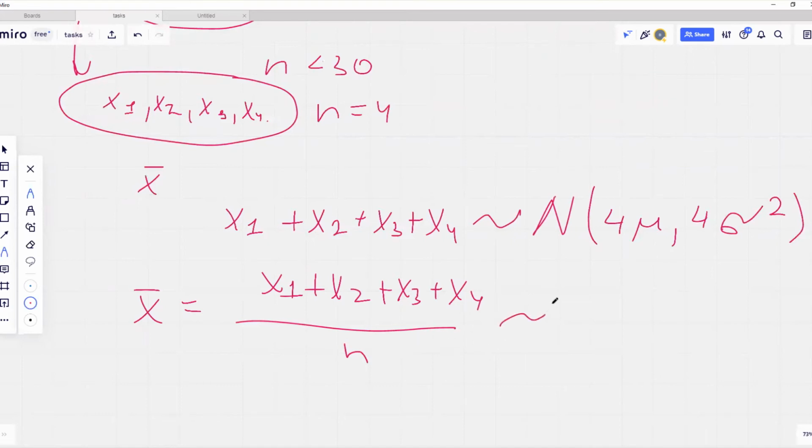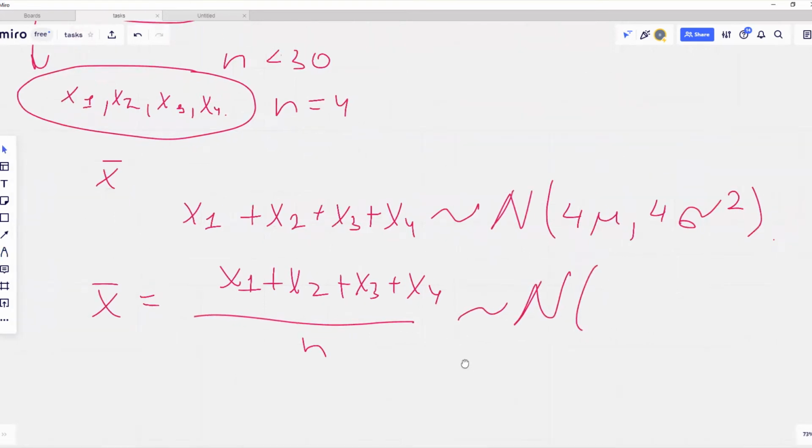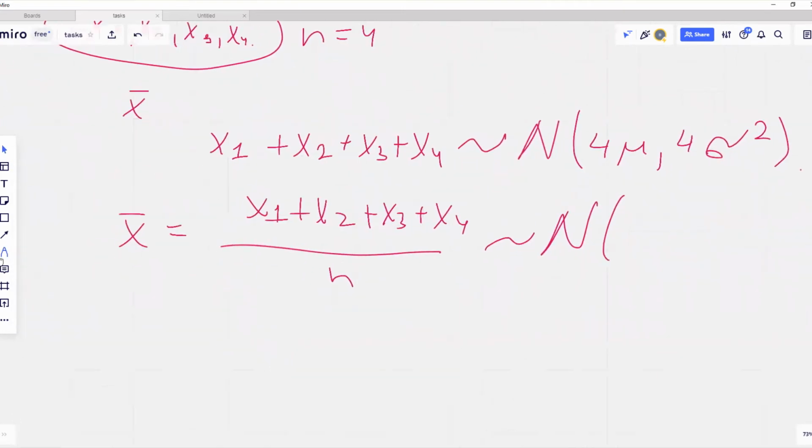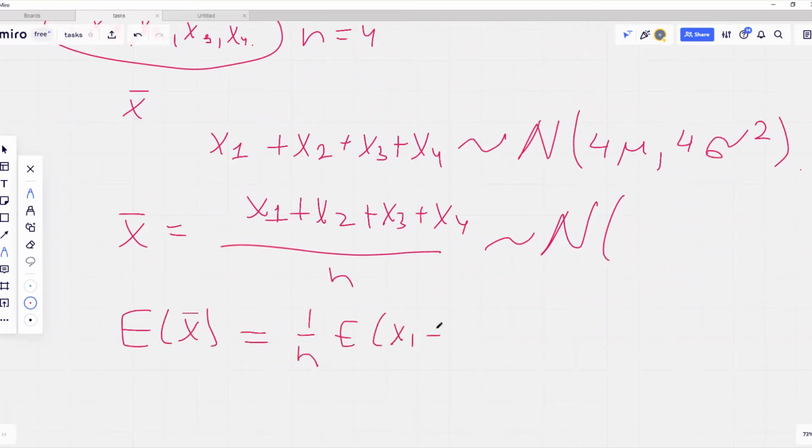Now this is going to follow a normal distribution with mean, the expected value of x bar, equal to 1 over n times the expected value of x1 plus x2 plus x3 plus x4. Each expected value is equal to mu here.